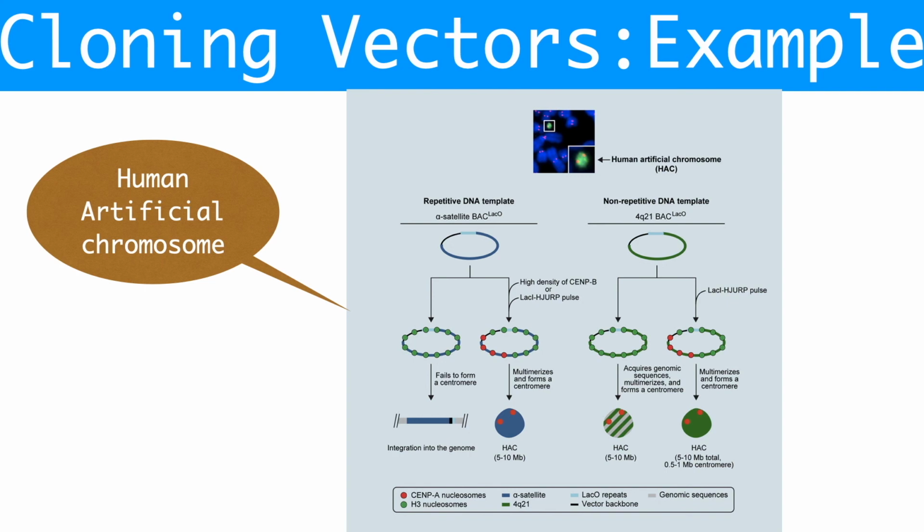So you might be thinking, why a human artificial chromosome? Human artificial chromosomes have the ability to stably contain extremely large genomic fragments, meaning we can introduce a large fragment of gene or DNA of our interest to be cloned into the HAC.